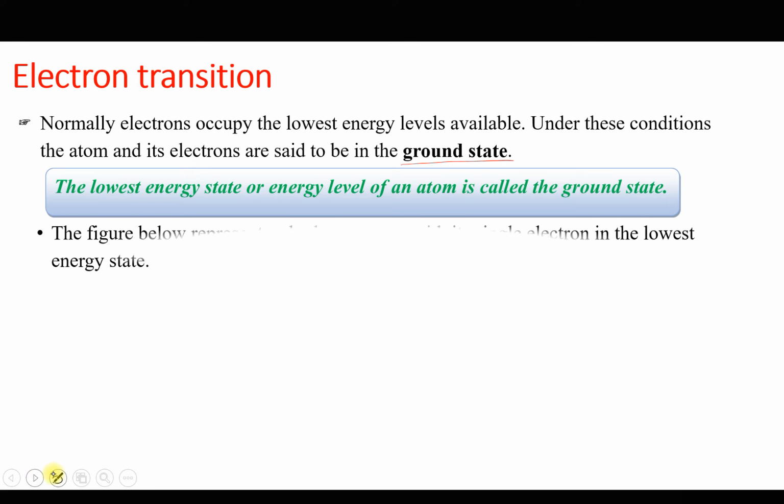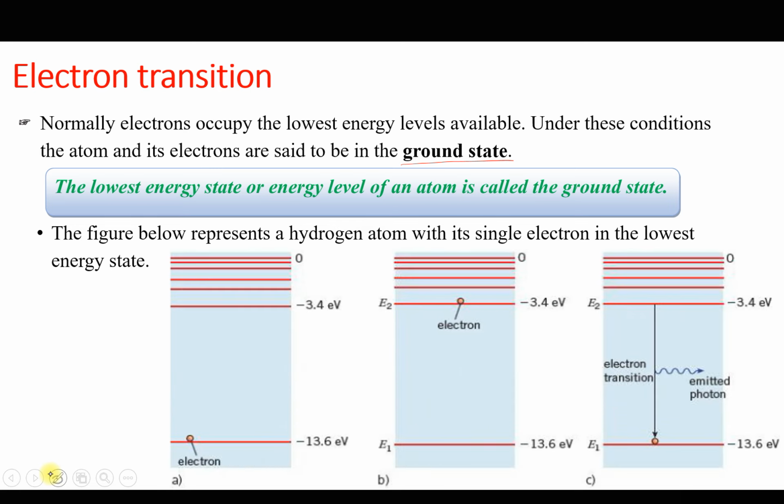So normally electrons occupy the lowest energy levels available. The figure below represents the hydrogen atom with its single electron in the lowest energy state. Naturally, the electron in the atom occupies the lowest energy level, which is minus 13.6 electron volts in the hydrogen atom. If the electron makes a transition to this energy level, which is minus 3.4 electron volts, this is considered to be the first excited state.